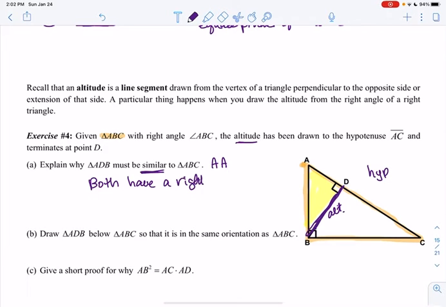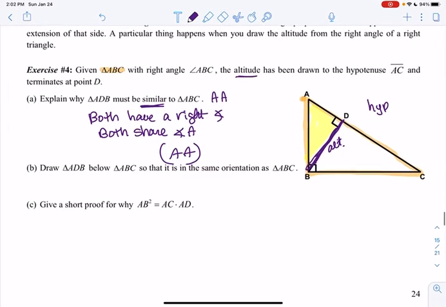Those have to be congruent. And they also both share angle A. Therefore, they are similar by angle, angle. Okay, so the outermost triangle, ABC, that I have in orange, and the one I just highlighted in yellow are similar to each other by angle, angle. They share angle A and they both have a right angle.